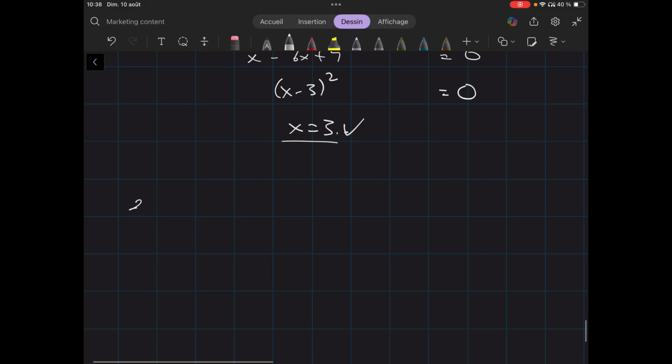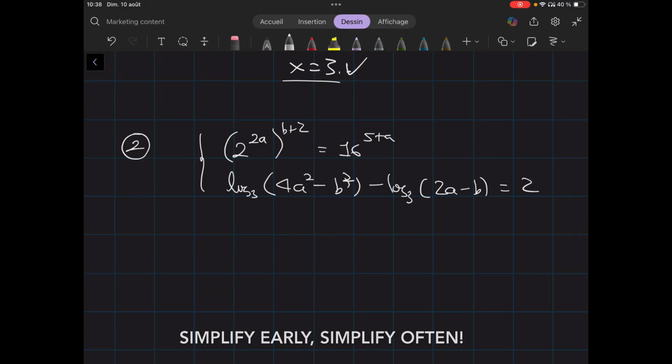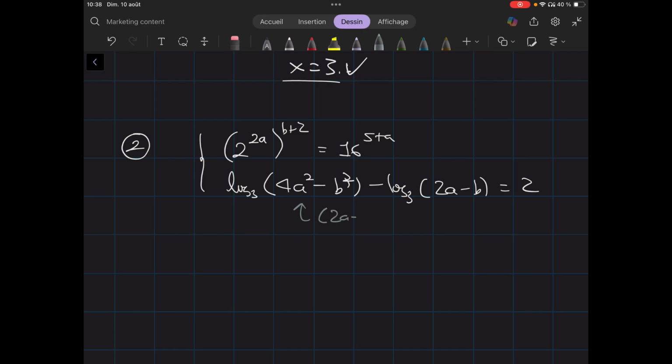Question 2. For these kinds of questions, I would always look for opportunities to simplify as much as possible. And looking at the second equation, we can simplify it straight away because we recognize that 4a squared minus b squared is nothing more than 2a minus b times 2a plus b. And we have a difference of two logarithms of the same base.